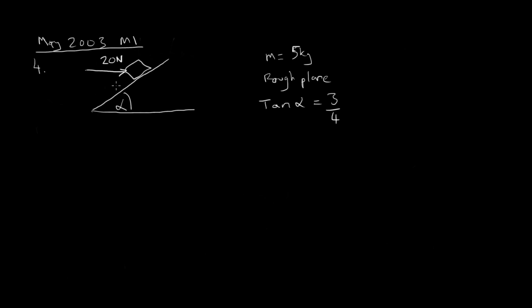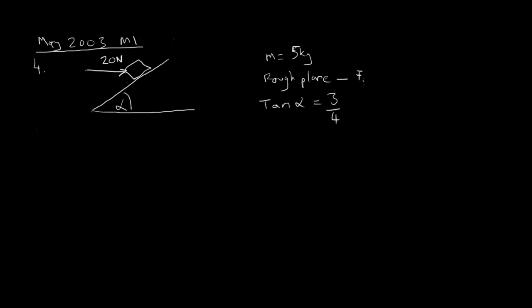Now the parcel is on the point of sliding down the plane. So if this is about to slide, it means that the friction is going upwards, because a rough plane means that it's got friction.